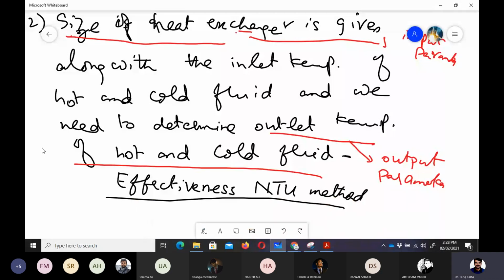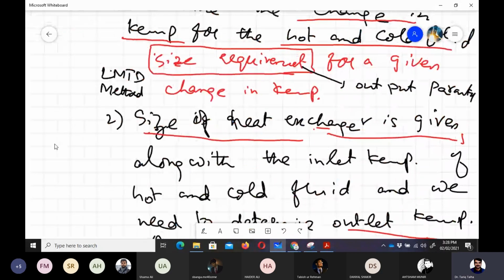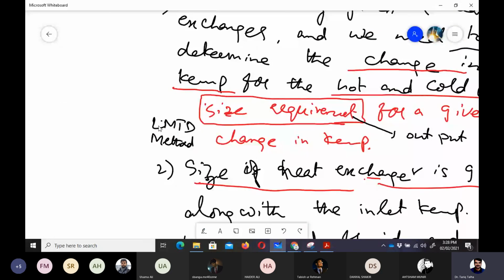The first design analysis is done by the log mean temperature difference method, which we have studied in flow over tube banks, and for internal flows when we have constant temperature boundary conditions. In that case we discussed Q is equal to hAs delta T logarithmic.